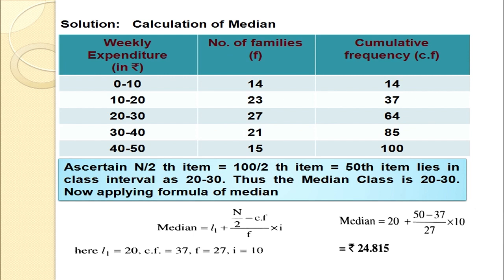So we have written 50 minus Cf. Cf is 37, divided by frequency of the median class, that is 27. So we have put the value 27 over here. And the class interval gap 20 to 30, between the gap is 10, we have multiplied with 10. So we get the value as shown, rupees 24.815. So this is our median value.